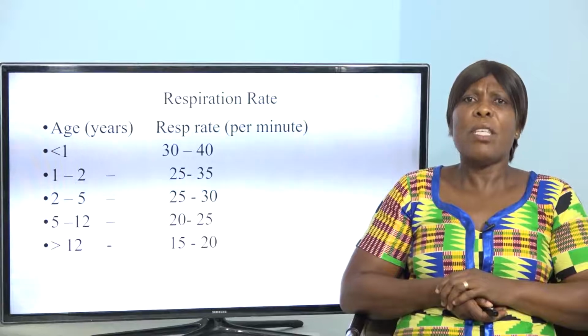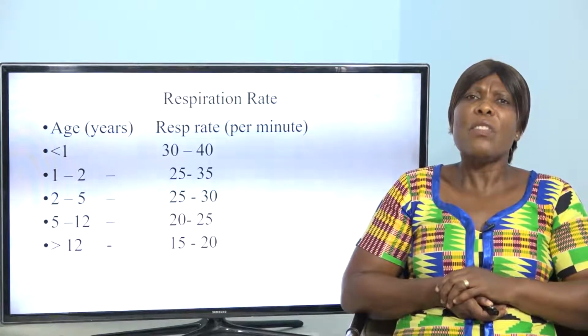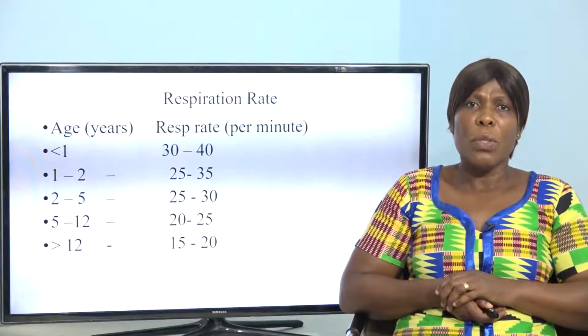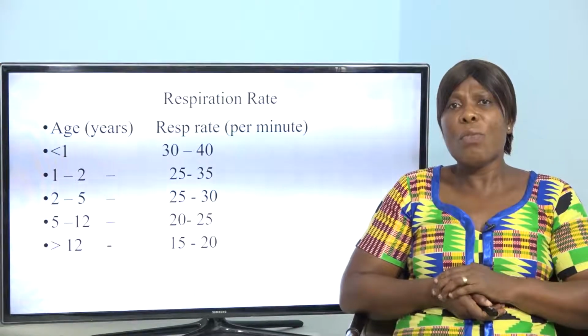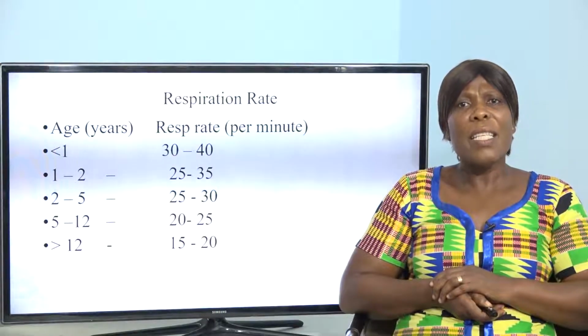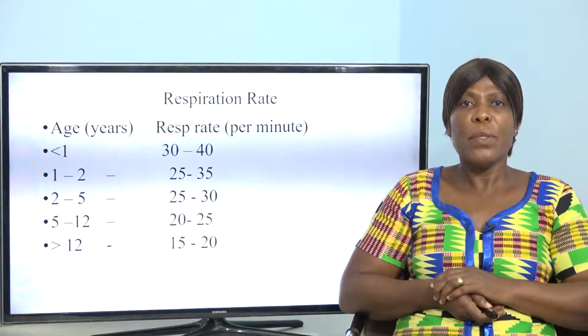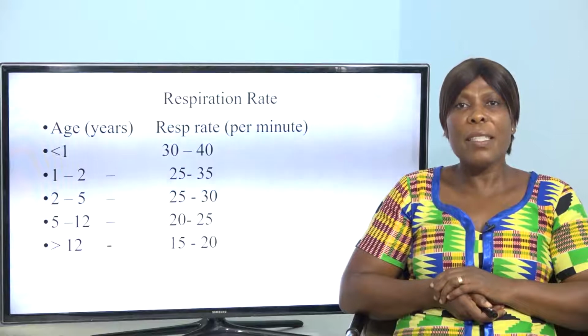Now let's look at the respiration rates. I've told you that with the respiration, we are looking at whether it's rapid or shallow. Then based on their ages, we can determine the rate. Less than 1 year, we have 30 to 40 breaths per minute. Between 1 to 2 years, we have 25 to 35. 2 to 5 years, we have 25 to 30.